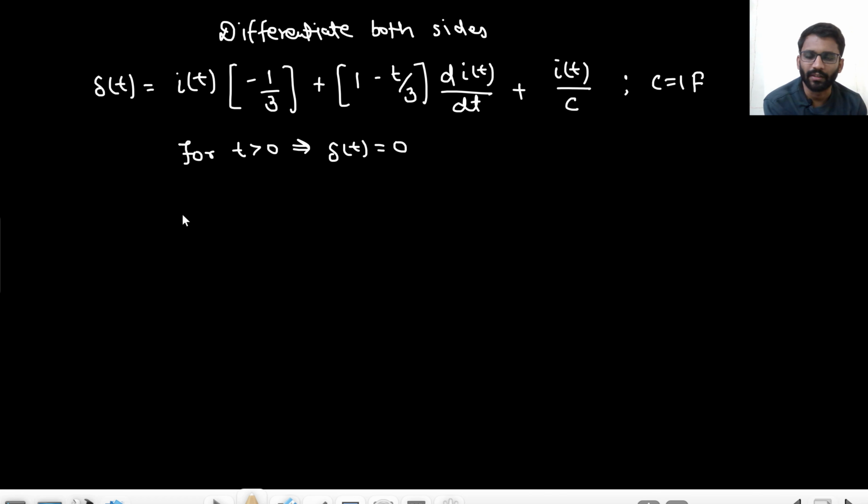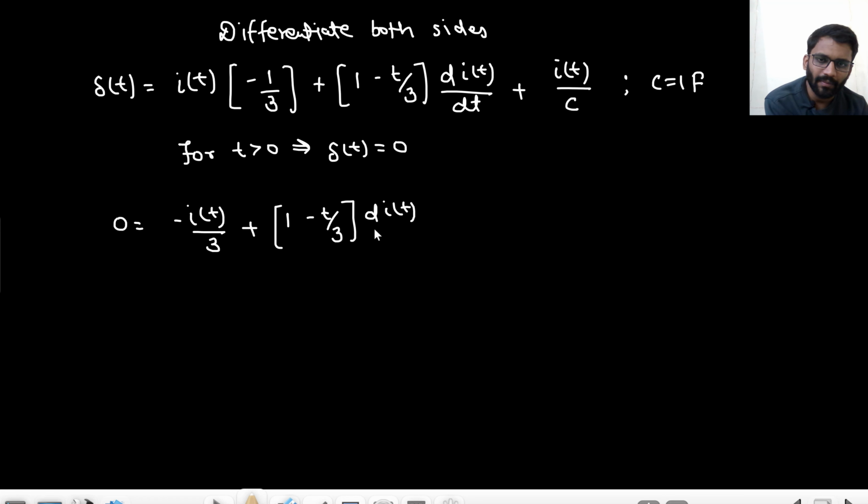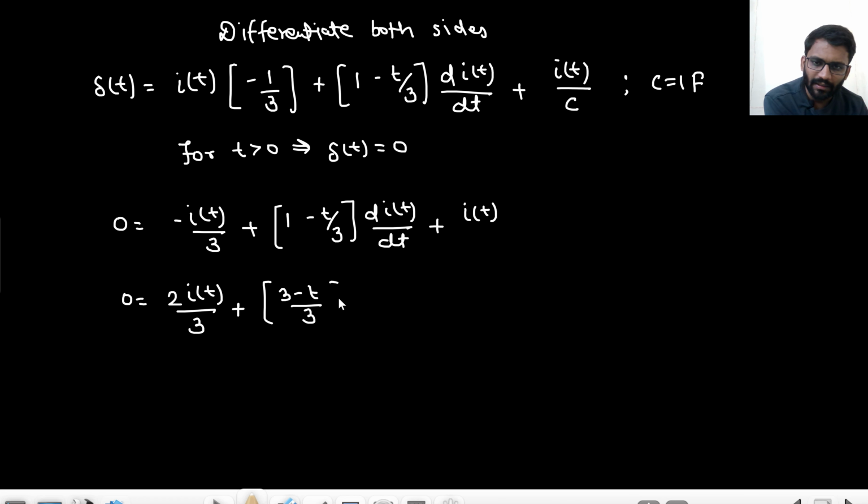So 0 will be minus I by 3 plus 1 minus t by 3 dI by dt plus C value is 1. Okay, so it would be 2I by 3 plus 3 minus t by 3 into dI by dt.